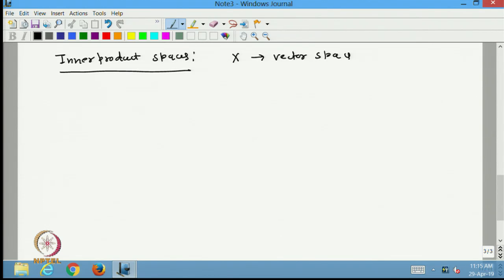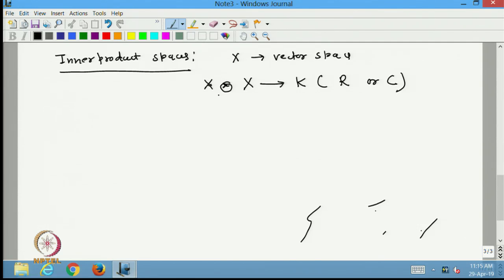So, inner product is a function from X multiplied by X, where X is a vector space, to the field K, where this vector space X is defined. This field can be R or C, where C is the set of complex numbers and R is the set of real numbers.